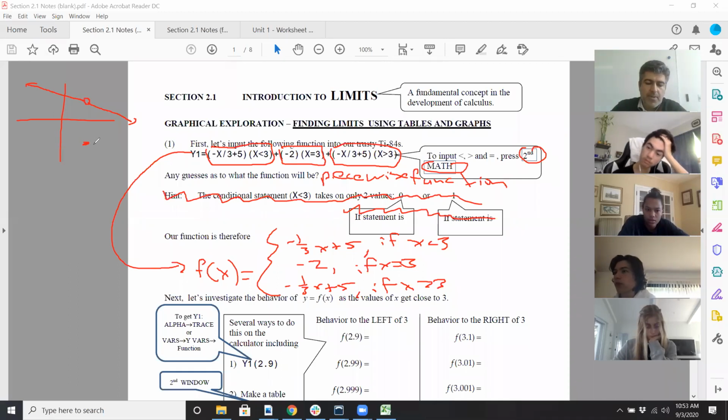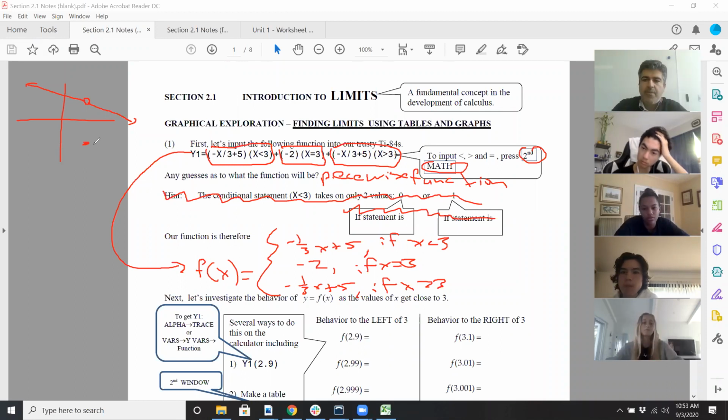But if I were to hit second trace, and typed in option 1 value and did x equals 3, it now shows a little x right there.